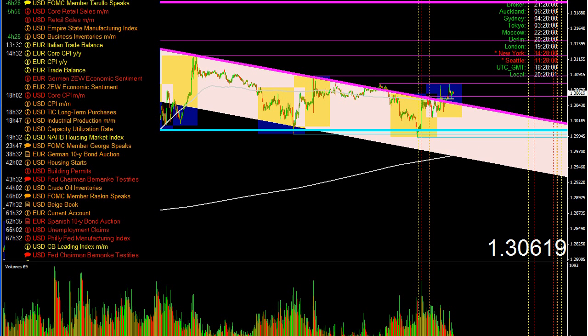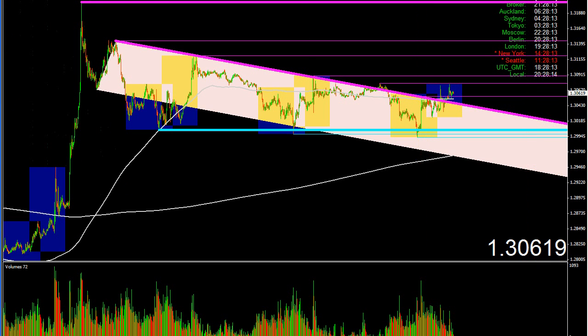But I would much more see euro dollar getting to this price level, 132.05, perhaps this week, and then next week a little bit higher I would short euro dollar once again. But that's another topic.